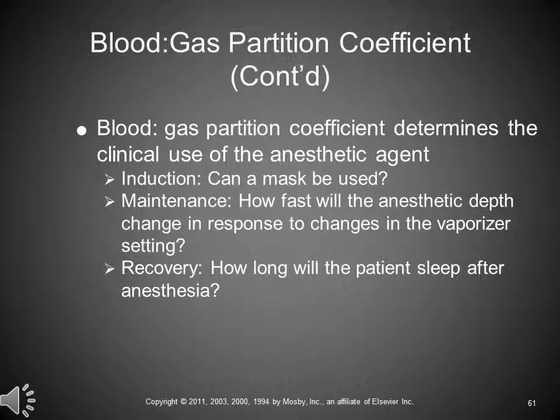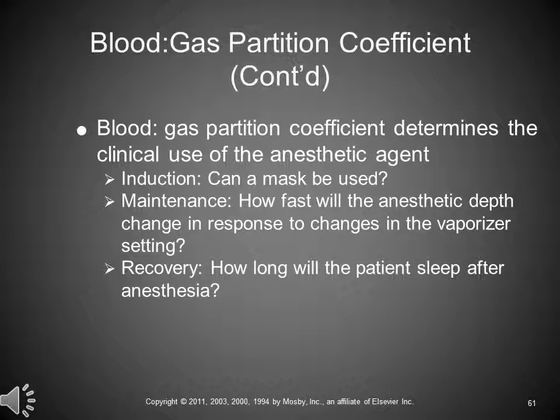The blood gas partition coefficient determines the clinical use of the anesthetic agent. For example, can a mask be used? You know, if it takes years to get an animal masked down, we don't want to use it. How fast will the anesthetic depth change in response to changes in the vaporizer? If we want to get them down a little deeper, we don't want it to take forever.